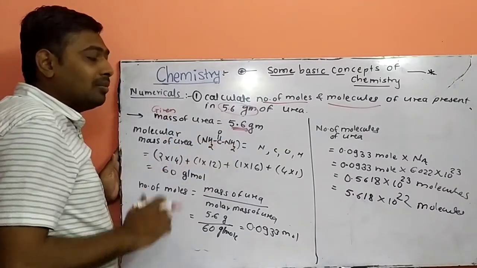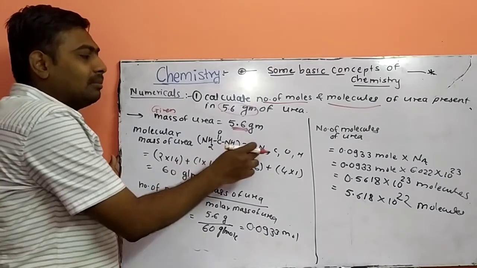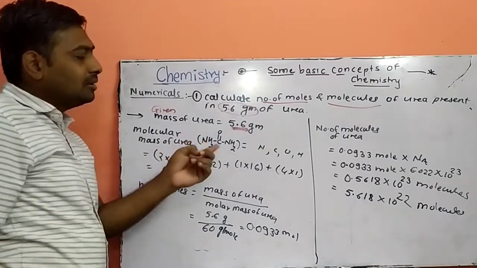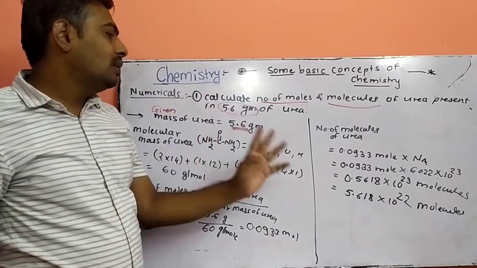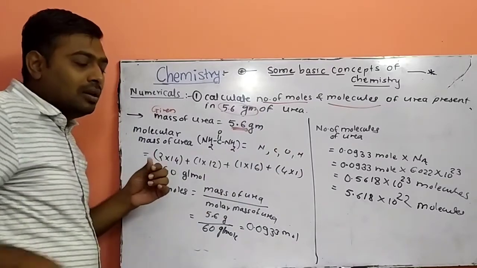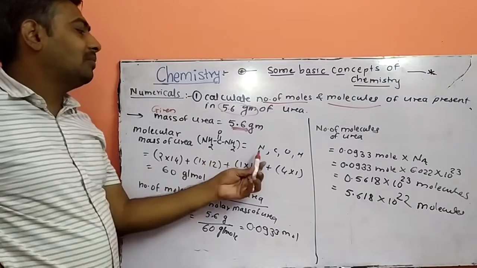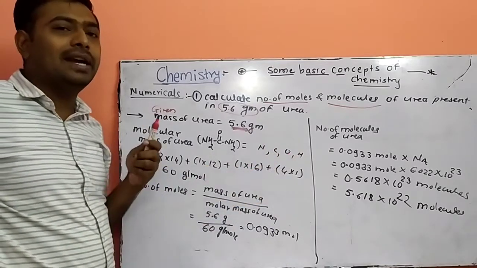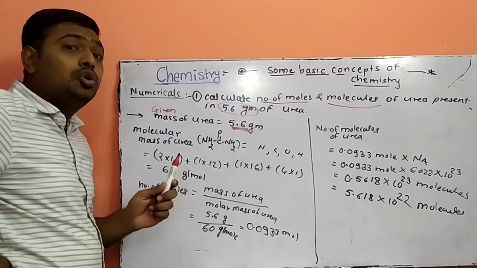To calculate molecular mass, as we already studied, take the number of atoms multiplied by its atomic mass. There are 4 elements present: nitrogen, hydrogen, carbon and oxygen, and we'll take them one by one. How many nitrogen atoms are present in this formula? 2 nitrogen atoms.